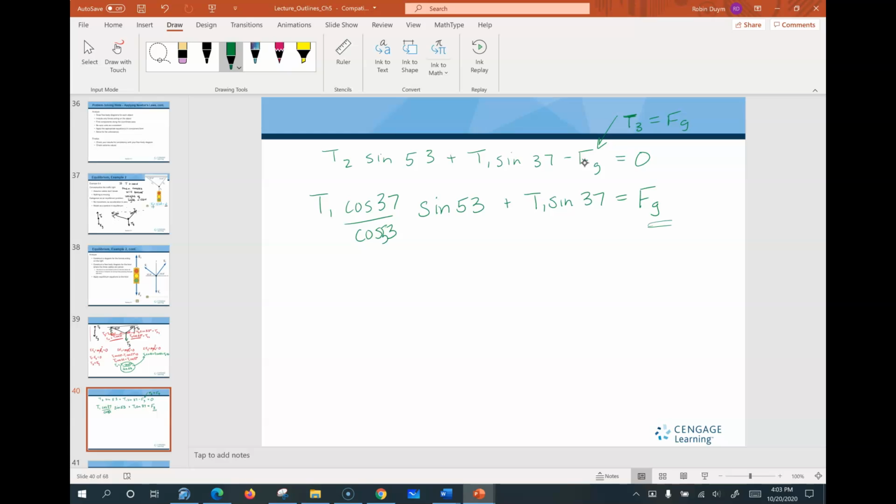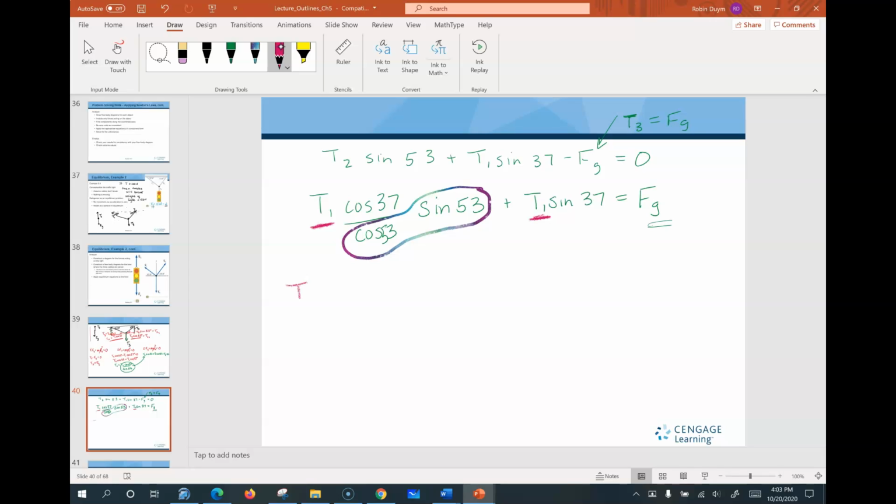We're going to do a little bit of simplifying. If you look here, we have a sine over cosine, so you can do that. We also have a T1 in this term and a T1 in that term, so I can pull them out.